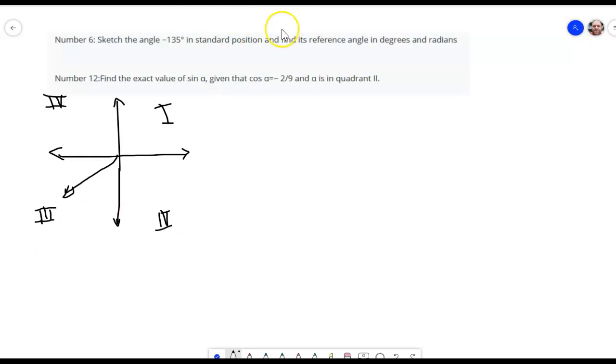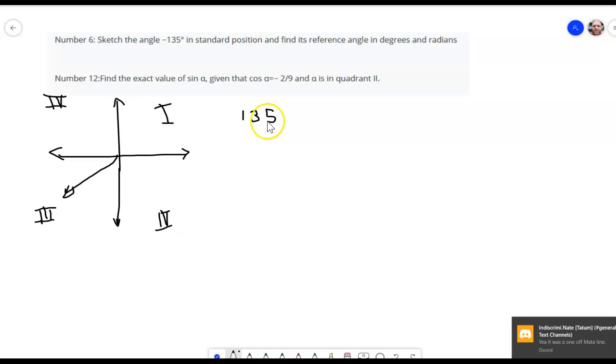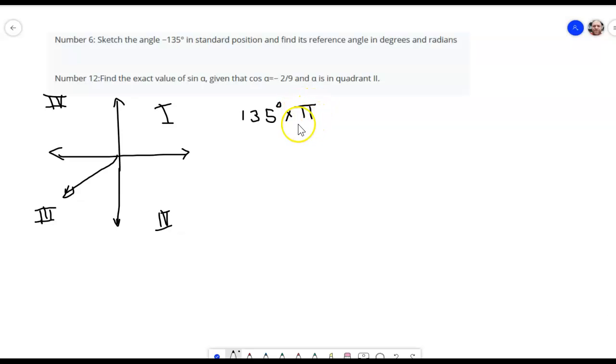This is also in radians, so we also need to know how to convert it, which I did a video on previously. If you take a look at resources, you'll find that video. To convert it, I do 135 degrees times, remember, I want the degrees on the bottom of my unit fraction, so times pi over 180 degrees.